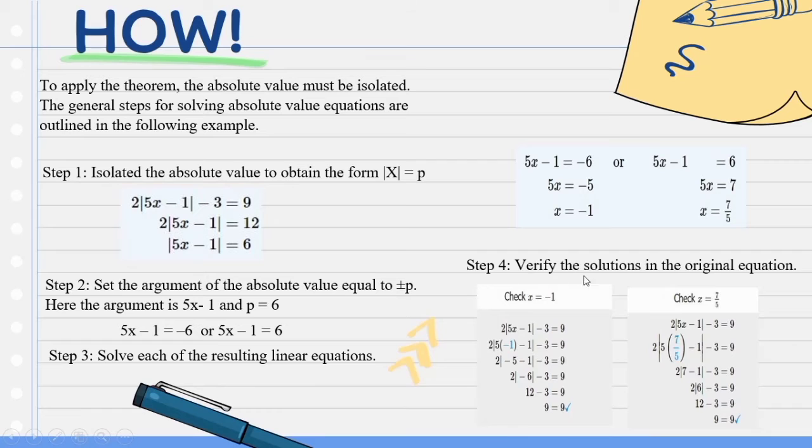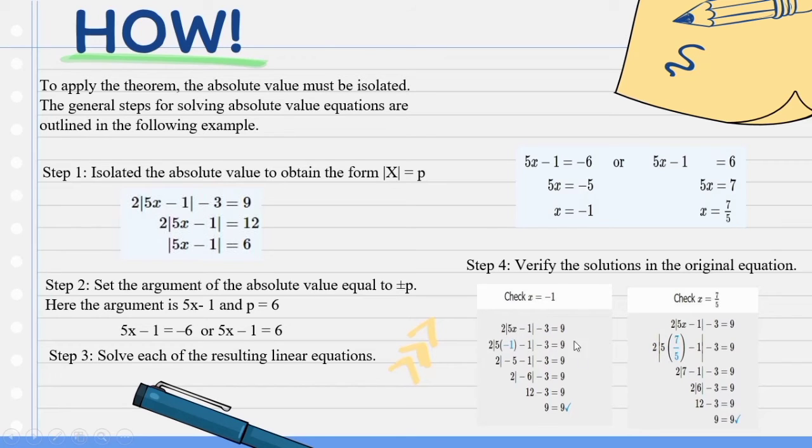Step 4. Verify the solution in the original equation. You must check x equals minus 1 and check x equals 7 over 5. Substitute minus 1 for x.